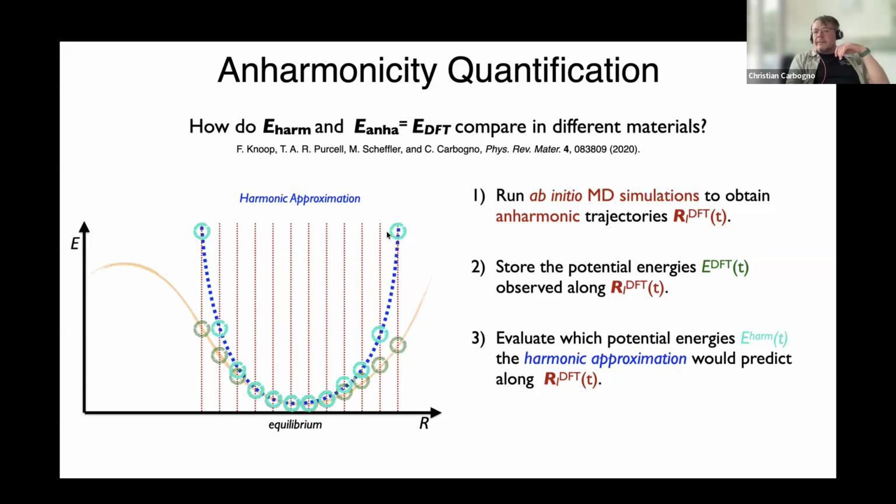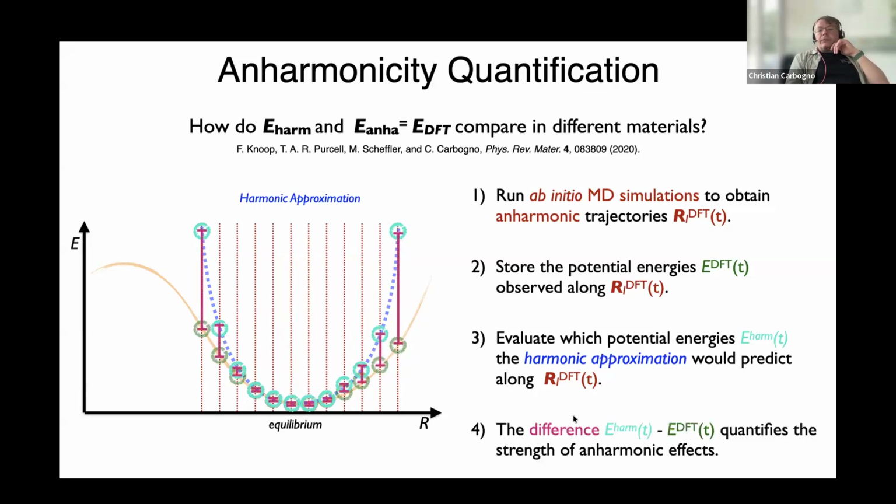Now, you already see here that you will have some points in which you have quite a nice agreement, and others in which the agreement is not so nice. What we then do is look at this actual difference and average over this trajectory, to look at how the harmonic and anharmonic potential energy surfaces compare.